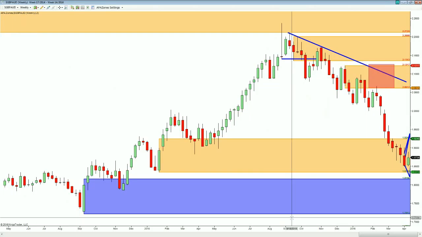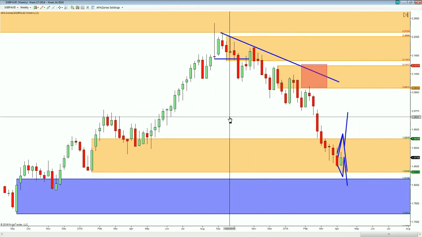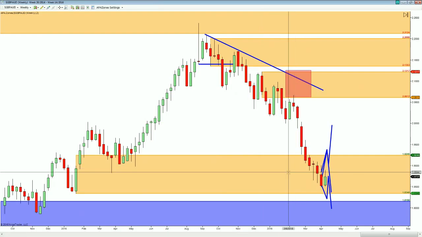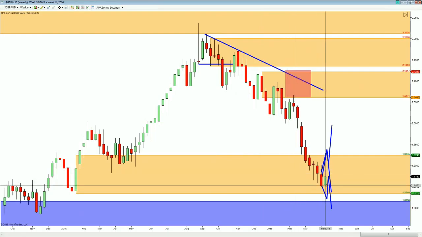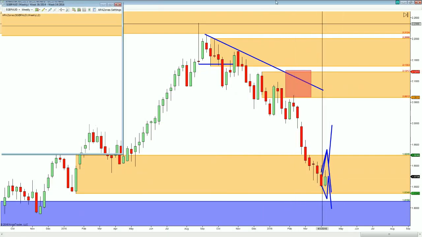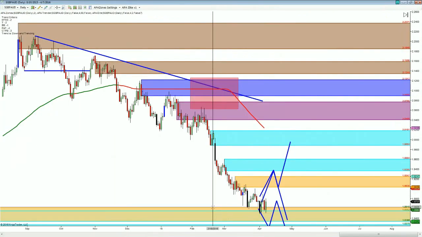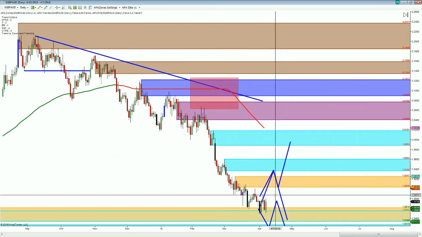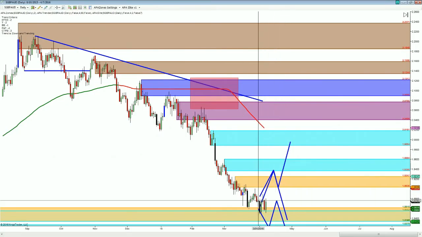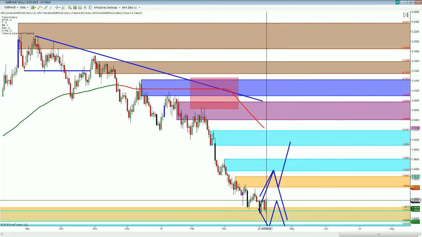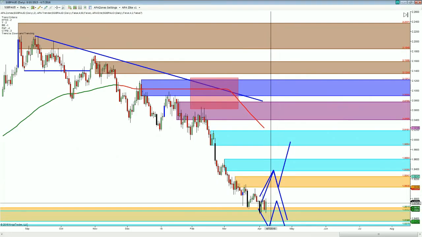All right. Here we are, pound Aussie. We're revisiting weekly demand. Seem to be getting a little reaction in this zone right now. Let's take a look at the daily, see if we can zoom in on what's going on there. And as you can see, Gabe has a bunch of lines drawn out, a bunch of possible price movements that he's looking to take advantage of if they play out.